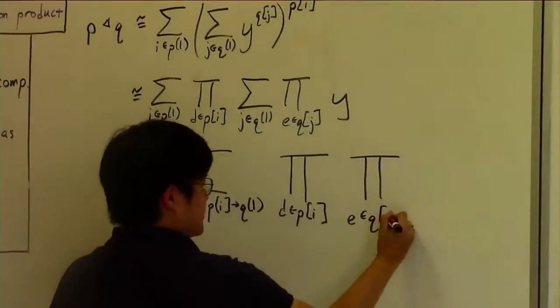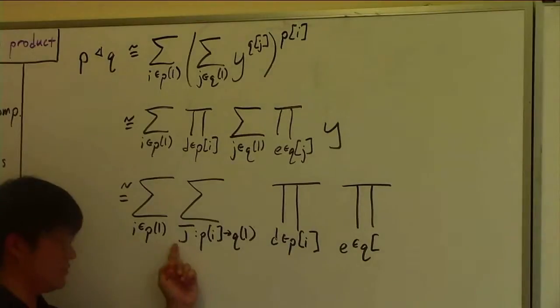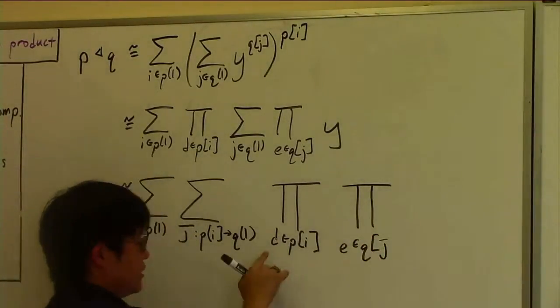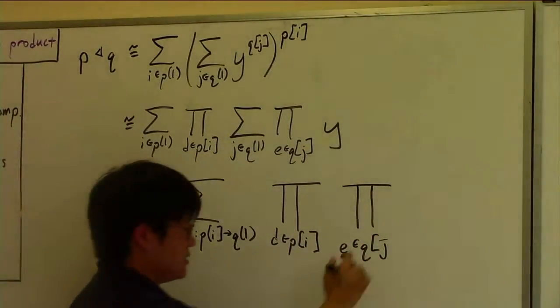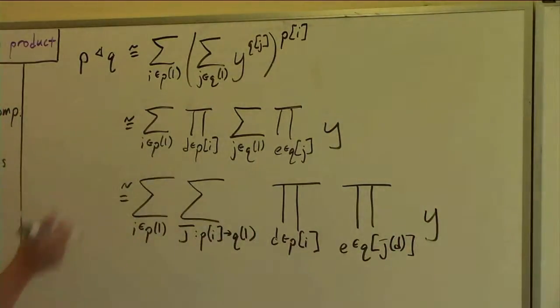But here, instead of having a j here, we actually have this function. We've already picked out all our j's via this function here. So we just need to plug in this d into this function here.